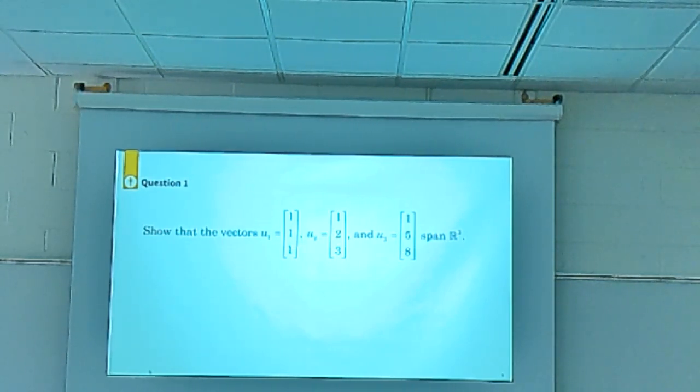We're going to show that R3 is spanned by these three vectors. Now keep in mind that I just gave you the standard unit vectors, right? 1, 0, 0, 0, 1, 0, 0, 0, 1, that's i hat, j hat, k hat. They span R3. But a spanning set is not unique.